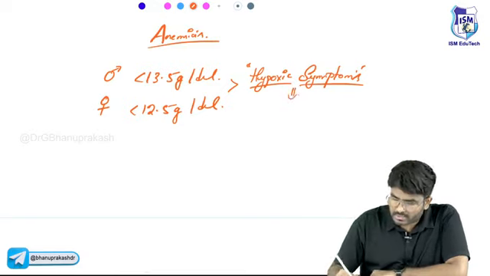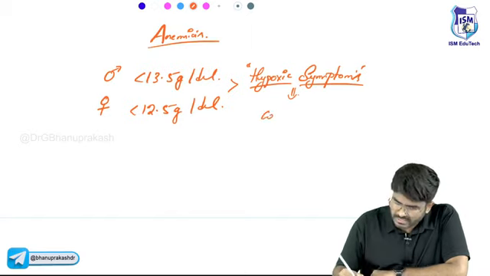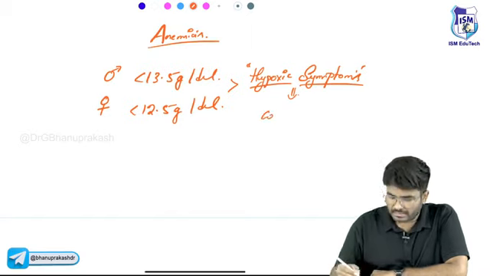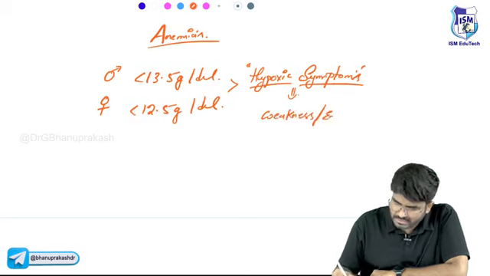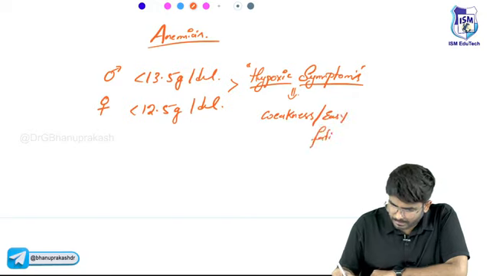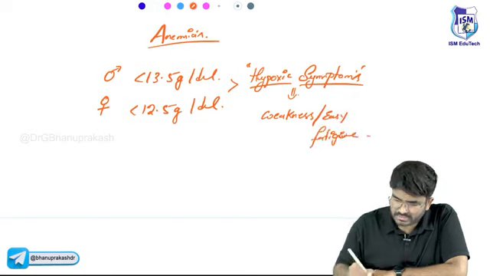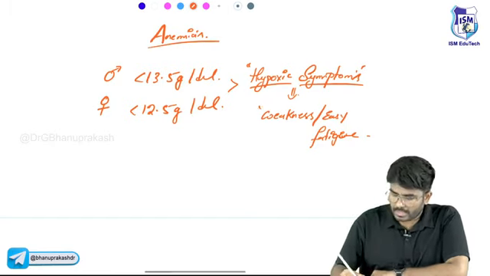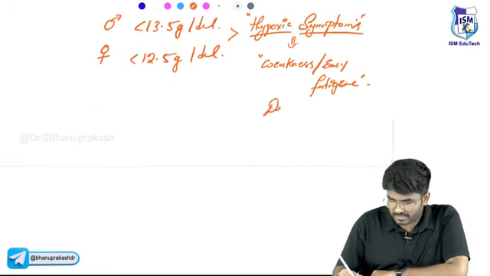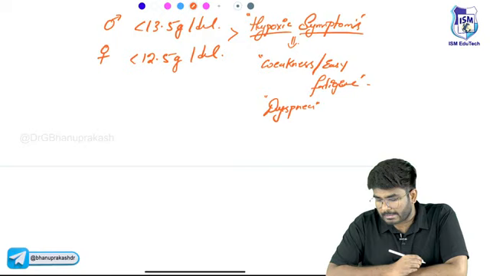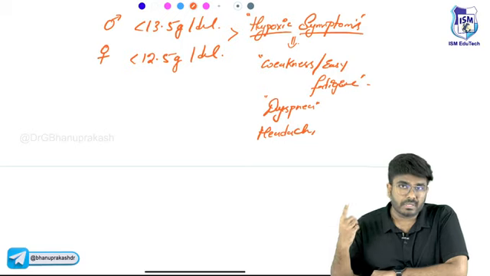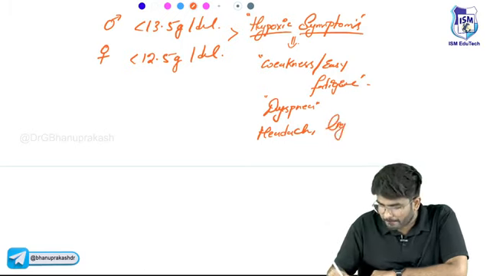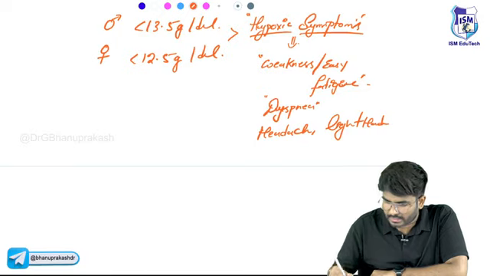So the hypoxic symptoms are going to be weakness. Very easily the patient is getting weak and fatigued: weakness, easy fatigability. The patient is going to have dyspnea, headaches, and lightheadedness.